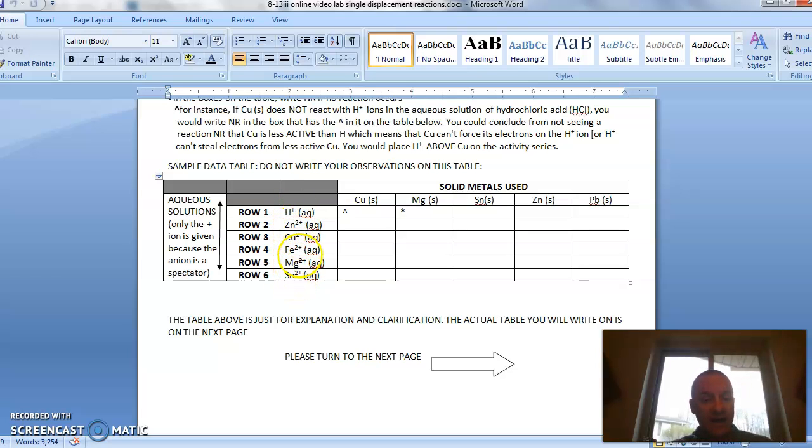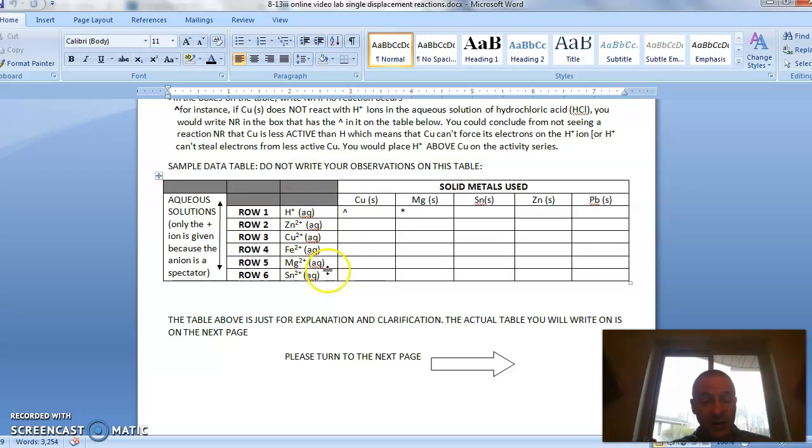The reason that is the only thing listed and not the entire solution, the negative ion, the anion is not on there, is because when we have a metal reacting with an aqueous solution of a salt, it's the metal reacting with the positive ion.